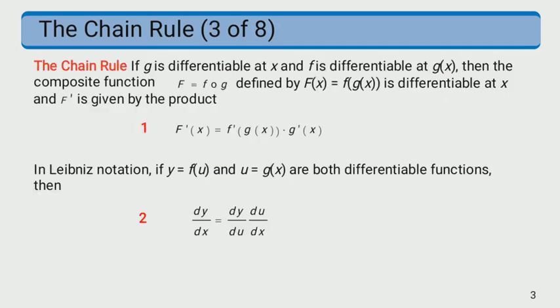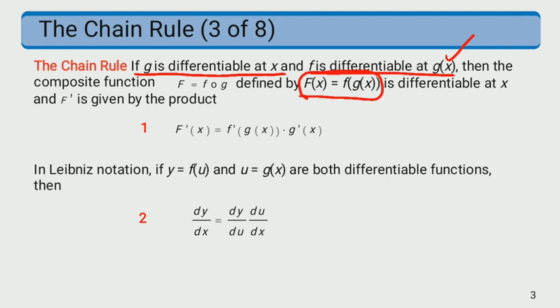So let's define the chain rule. Suppose you have that function that we just talked about, in the form of f of g of x, and first we assume that g is differentiable at x and f is also differentiable at g of x, or at u.